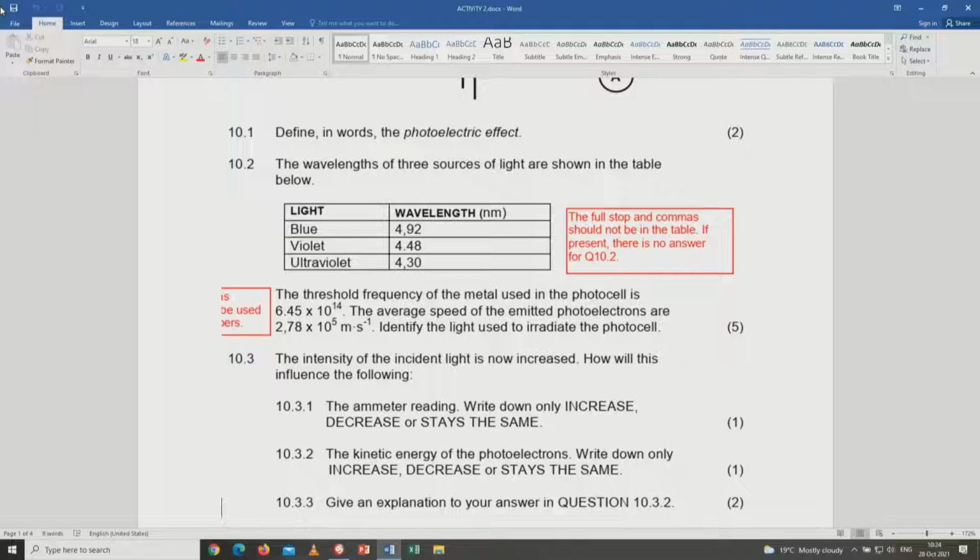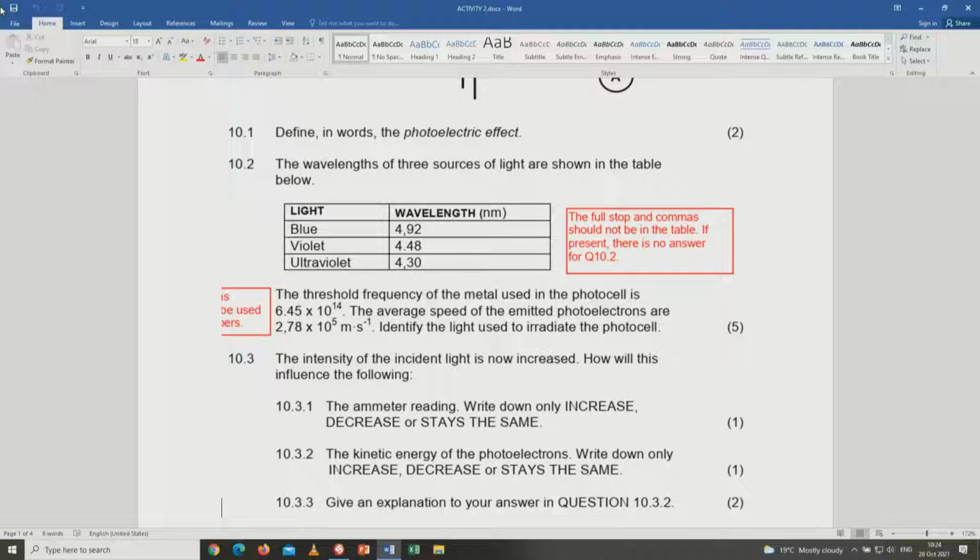So we are given a table, meaning we will calculate the wavelength of the light, and then check on the table to which light it corresponds.